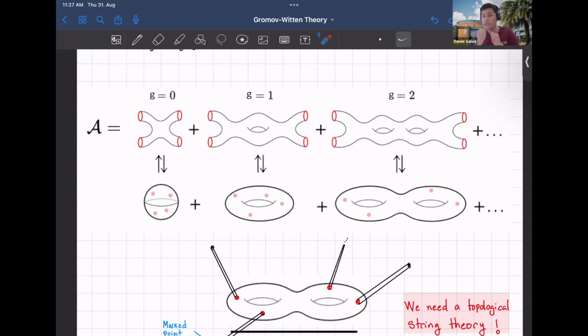So the metric can change, which means you can squish or pull the manifold and it will still be the same. So we count up to topological type. But if you don't have this, then you will count all these different surfaces with different metrics, and then this is not well defined, because the moduli space will not be stable, so it will be infinite, and then the integral is not well defined. So you want this to be actually a topological theory. Does this answer your question?